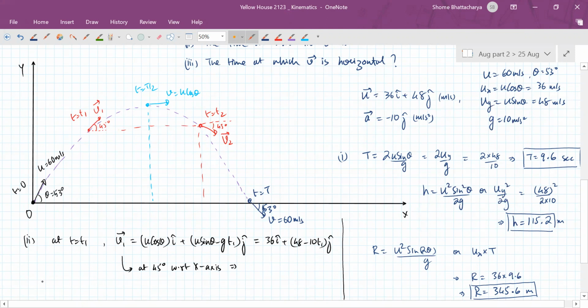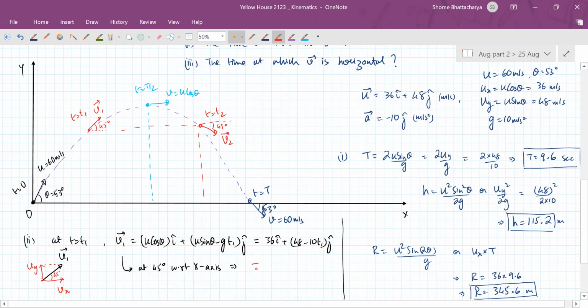Now you can see that if this velocity vector v1 is making an angle of 45 degrees with the horizontal axis, then its x component and y component should be related such that they are equal in magnitude. Okay.